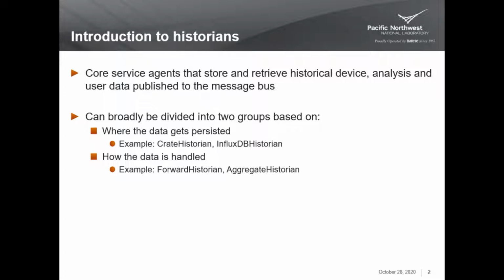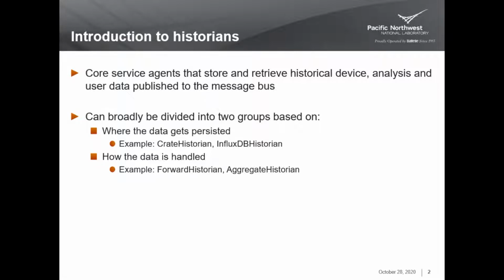The second type or group of historians is based on how the data is handled before it gets stored or persisted. For example, a forward historian. A forward historian does not really persist data into any data store, but simply forwards it to another VOLTTRON instance message bus. And it's up to the agents in the destination instance to store the data as they see fit.